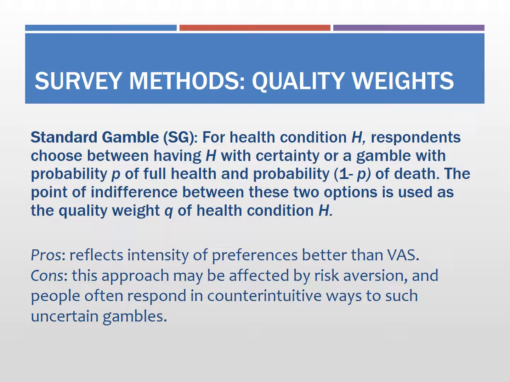So this kind of survey gives the patients a choice: to be in a certain state, not so healthy, or to have the probability of full health, living in full health conditions, but with some probability to die.